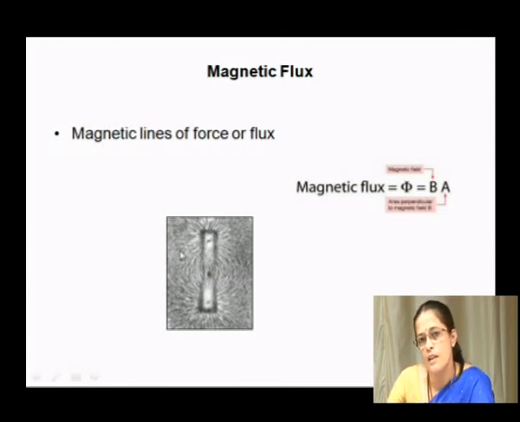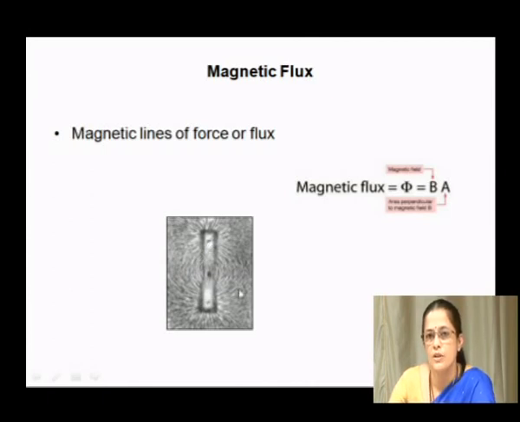If you now place a compass in this region, that is the magnetic field around the bar magnet, we observe that the north pole of the compass tries to move away from the north pole of the bar magnet.